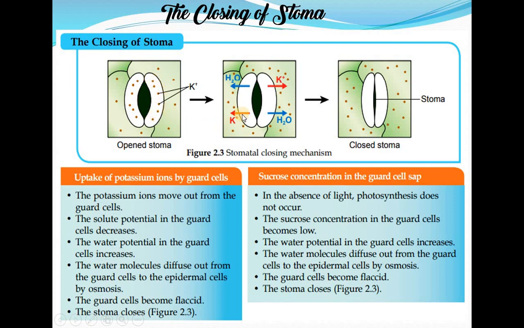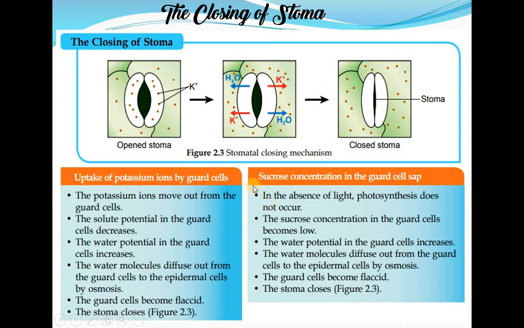Potassium ion will move out from the guard cell, causing the guard cell to become hypotonic to the epidermal cell. The water inside the guard cell will diffuse out by osmosis, and the guard cell becomes flaccid. When it becomes flaccid, it will curve inwards and the stoma closes.